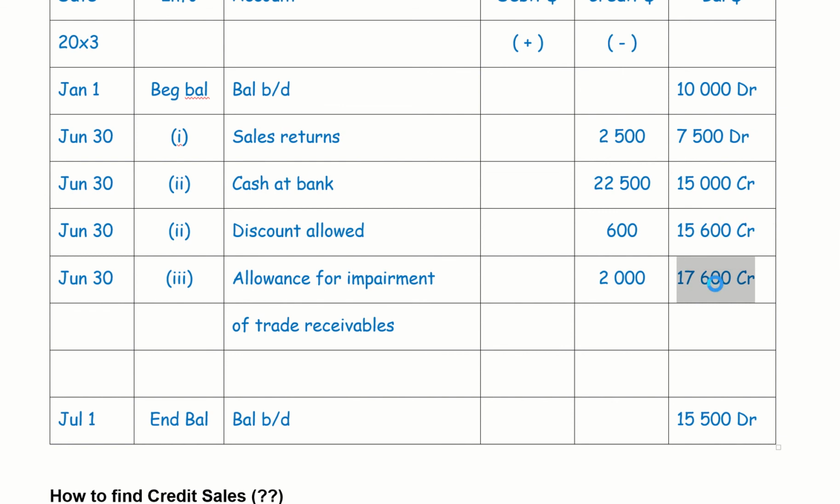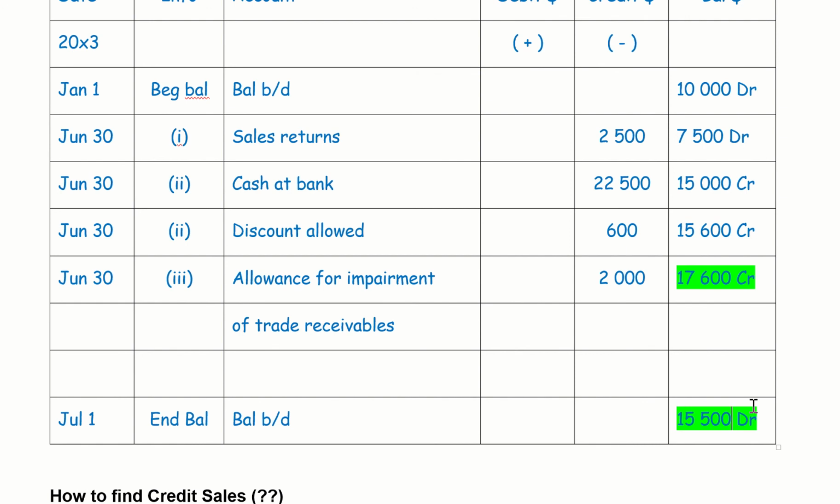Don't be too shocked, okay? It's normal. After you calculate your balance, you realize that after your last transaction, your balance is 17,600 credit. But somehow this credit amount became a debit amount for ending balance. So what is the item that caused the credit amount to become a debit amount?